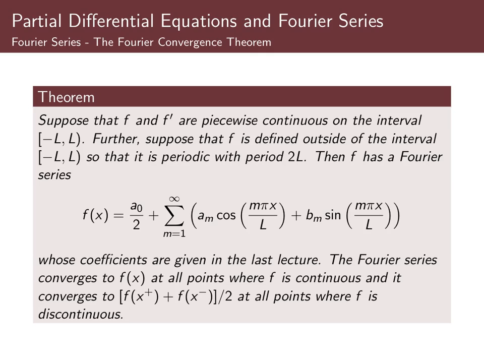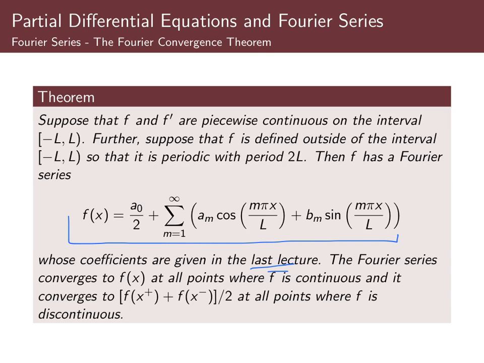If these conditions are met, again, that f and f prime are piecewise continuous on the half-open interval negative L to L, and the function is periodic with period 2L, then f has this Fourier series with the coefficients given in the last lecture. The Fourier series converges to f of x at all points where f is continuous.